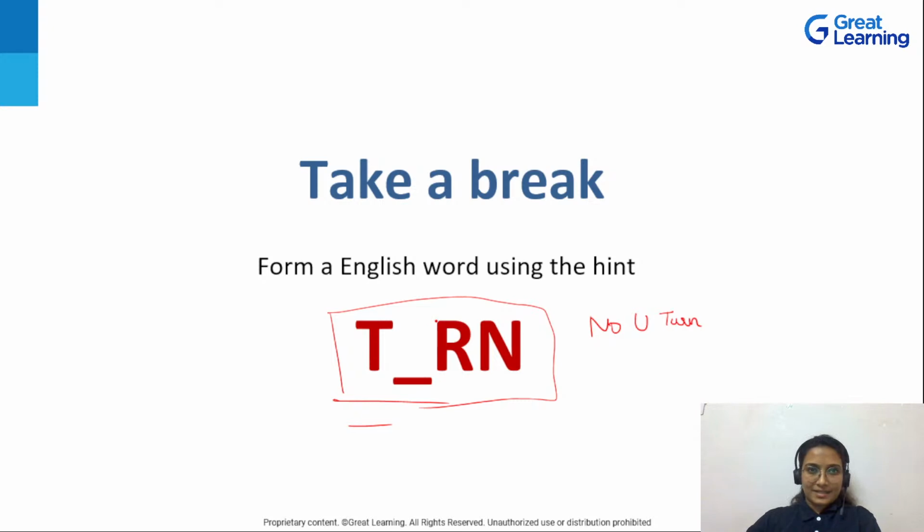The U is missing. What is the symbol of the traffic? Have you seen the symbol of the traffic? It's called no U-turn. U is not there. So we frame an English word, no U-turn. Okay, fine then. Let's quickly start up. I didn't get any answers. Sorry, I can't call out anybody's name. So the answer is no U-turn.